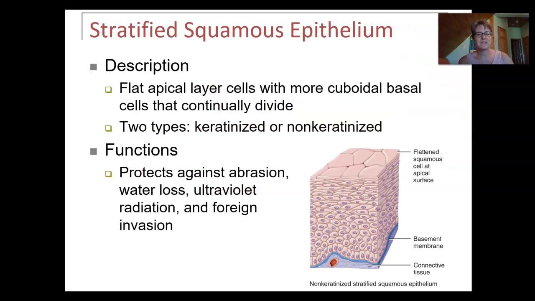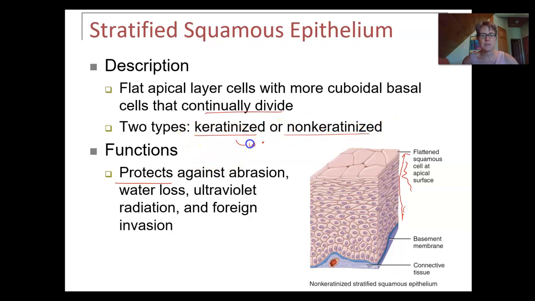Okay, stratified squamous is protection. If I am stratified, I am many layers. Wow, I'm many layers, see them all? In this one, they start out a little boxier, and as they reach the outer surface, they get flatter. I can have keratinized and non-keratinized.